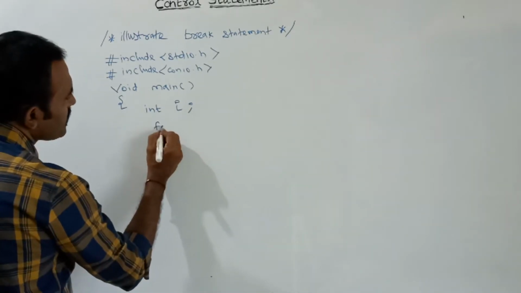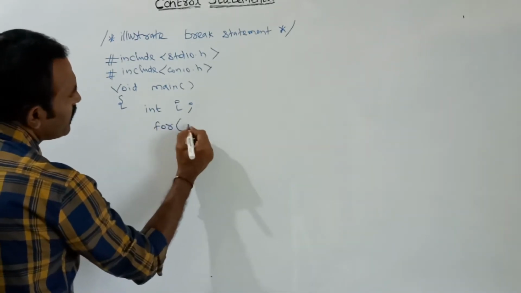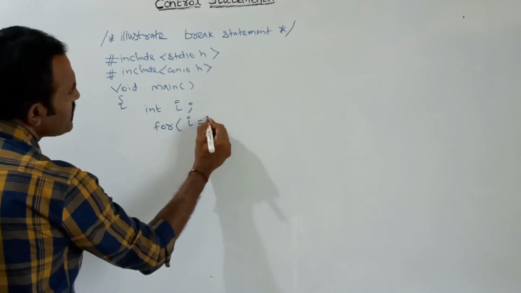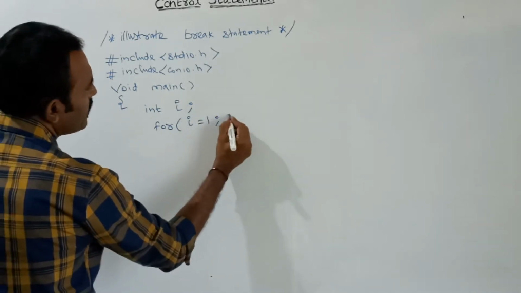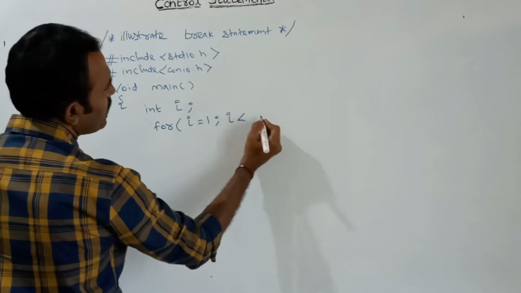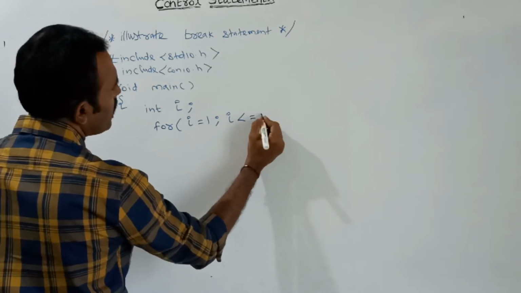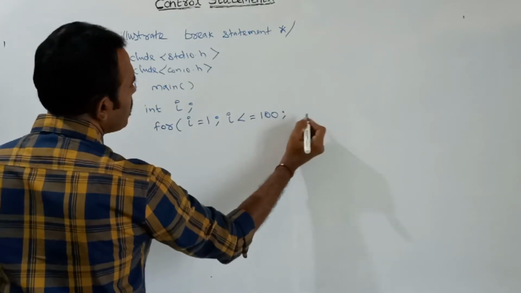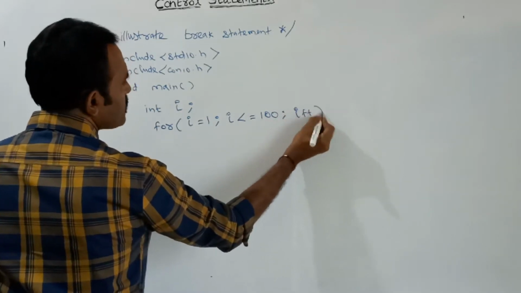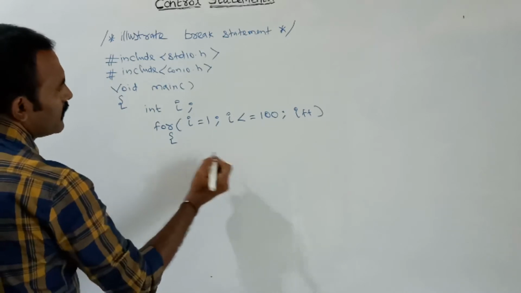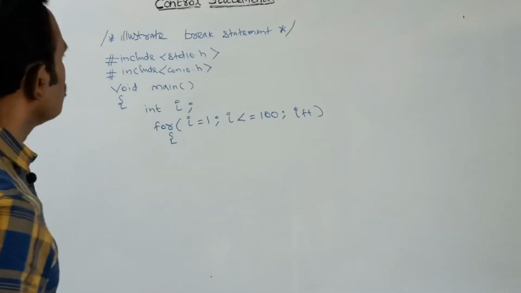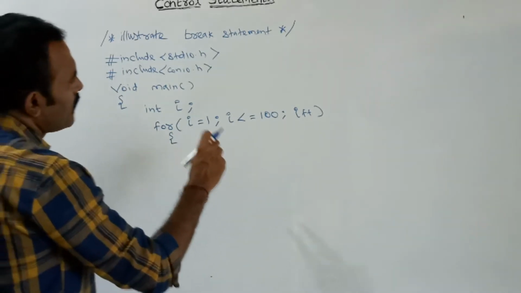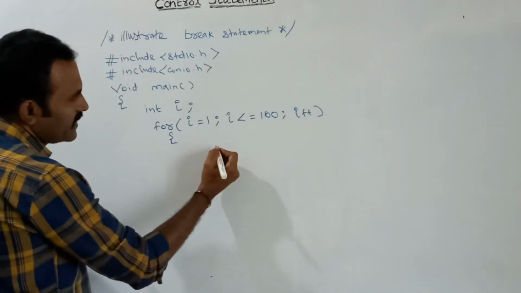I am using a for loop. Here I am initializing i from 1, to i less than or equal to 100, and then i plus plus. Mostly this break statement will be associated with if.